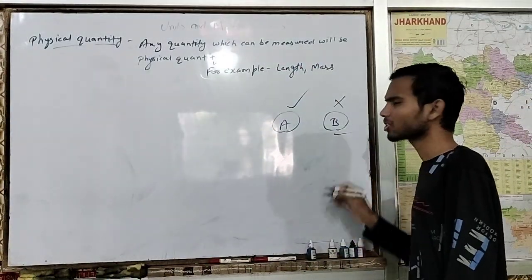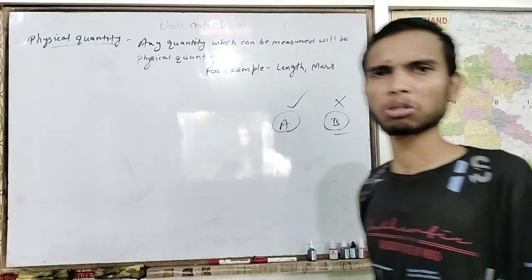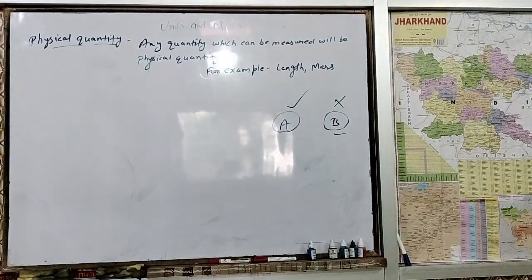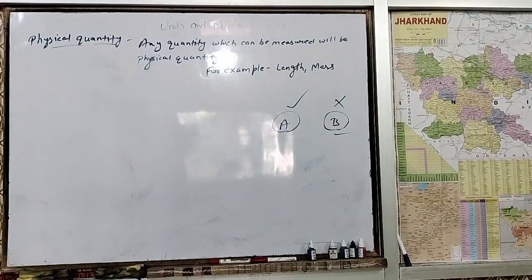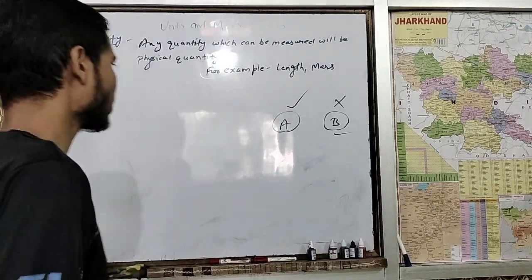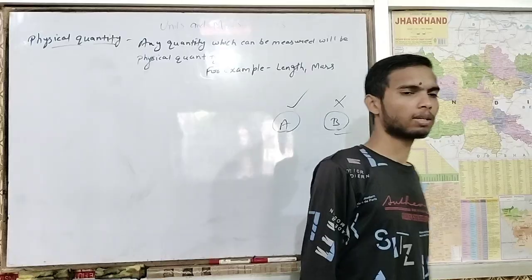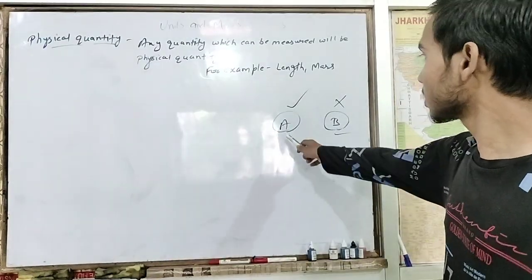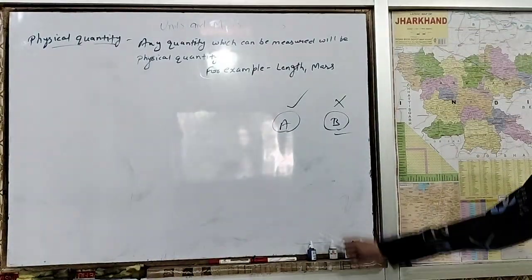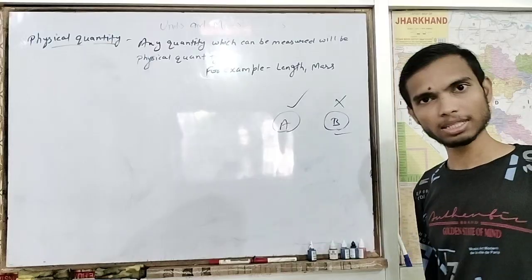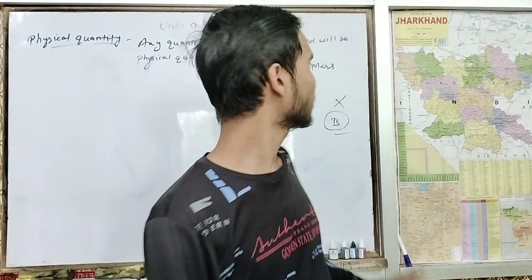But what about this other quantity? Some of you would be thinking that this is just an unphysical quantity. Yes, you are right. But how to define it? This is crucial. We have defined that this is a quantity which we are able to measure, but this is also a quantity which we cannot measure.